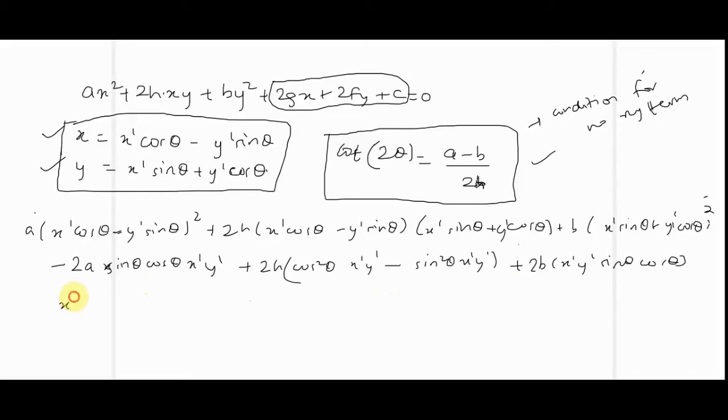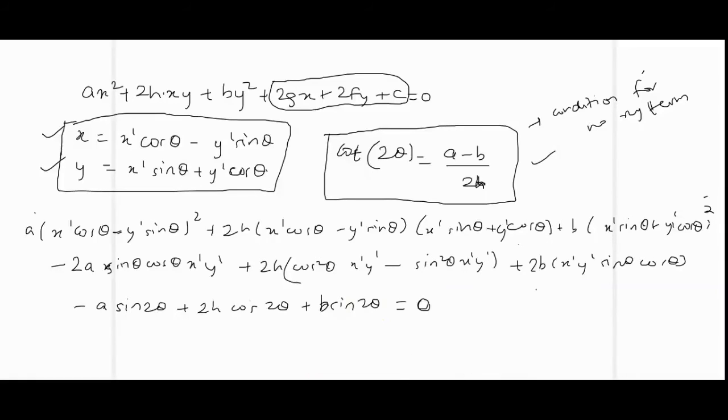So the coefficient of x prime y prime is minus a sin 2 theta plus 2h cos 2 theta plus b sin 2 theta. This whole thing should add up to 0 if you want the coefficient of x prime y prime to be 0.